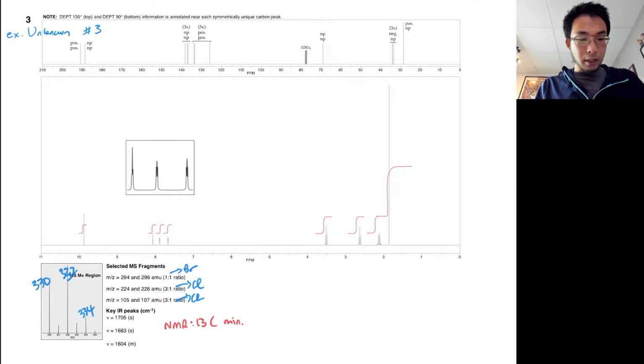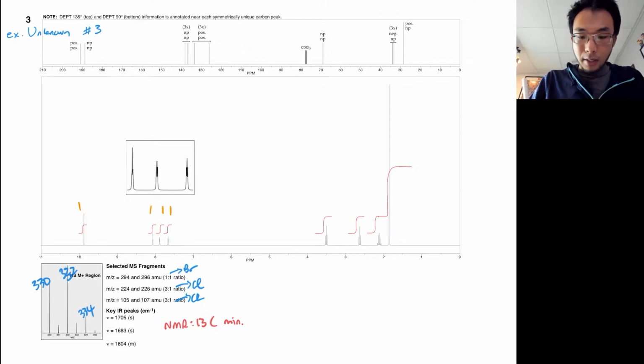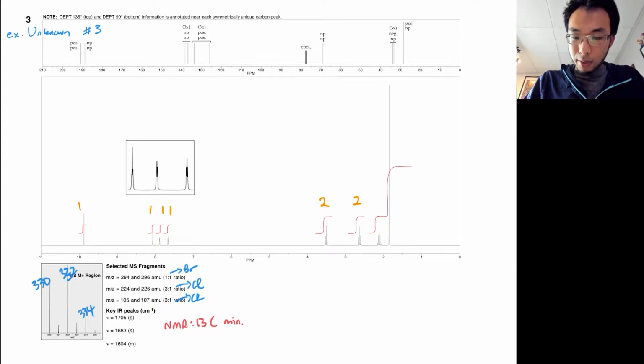In the proton NMR, we can use the integration to figure out our minimum number of hydrogens. If we assume that our smallest integration size here is 1, then we have 1, 2, 3, 4, each of those being a 1, 1, 1, 1. The signal at 3.5 ppm looks like it's twice as big, as does the one at 2.6-ish ppm, as does the one at 2 ppm.